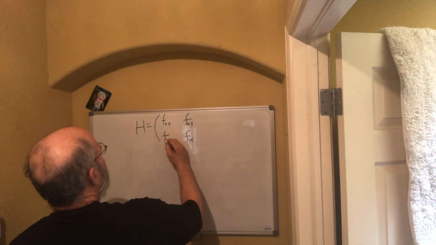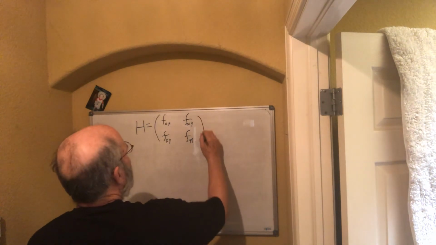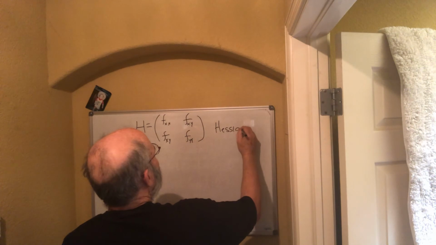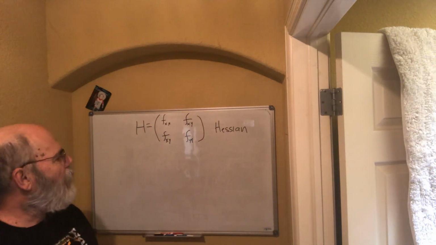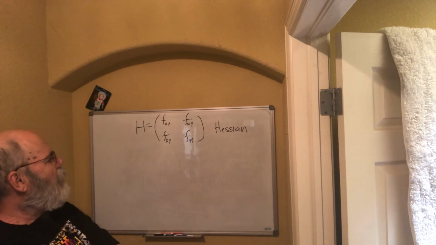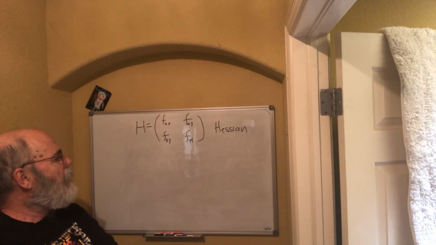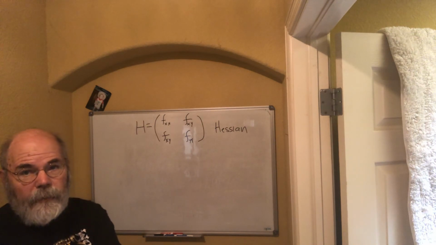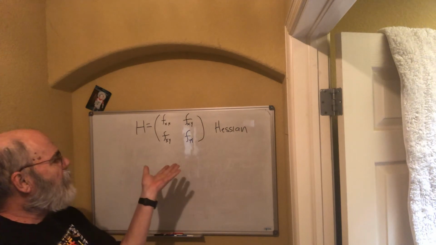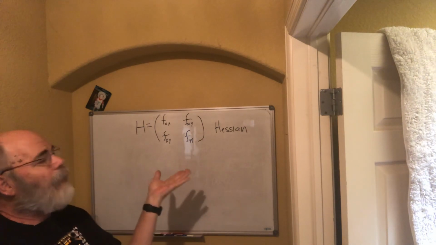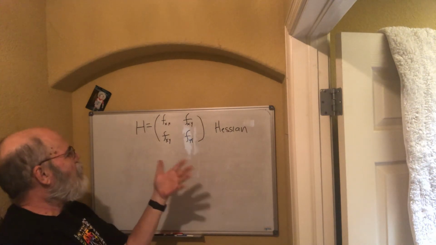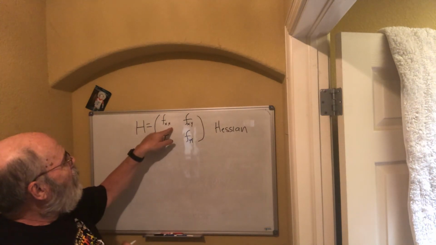Many of you know that when you line up numbers like this as a square array rather than a vector, it turns out to be something called a matrix. And this particular matrix constructed in this way is called the Hessian matrix. It's not important, but that's what they call it. But anyway, you can see what the elements are.